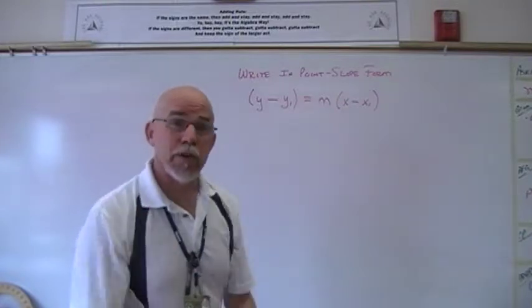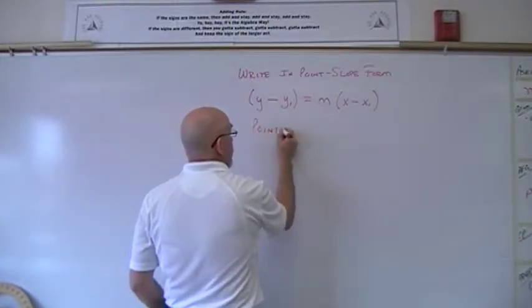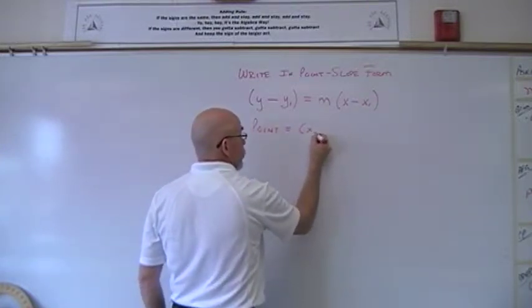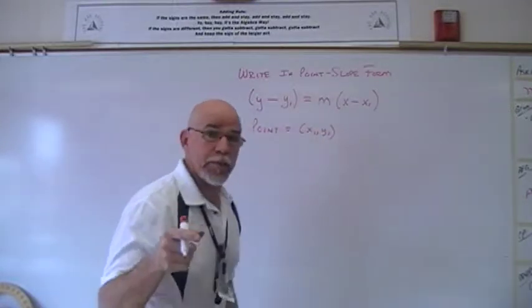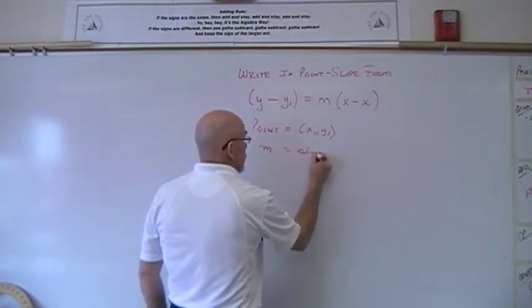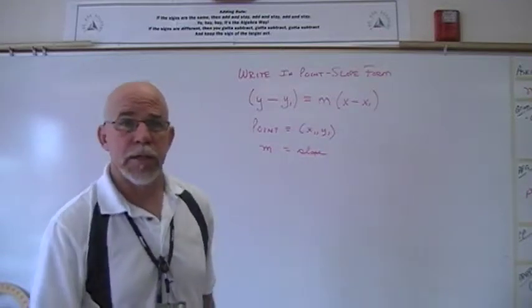So, if you're given those two pieces of information, if you're looking at it written in this form, the x-coordinate that's being subtracted and the y-coordinate that's being subtracted give the point that it's going through. And the slope, of course, is the m that we've been using as the letter for slope.